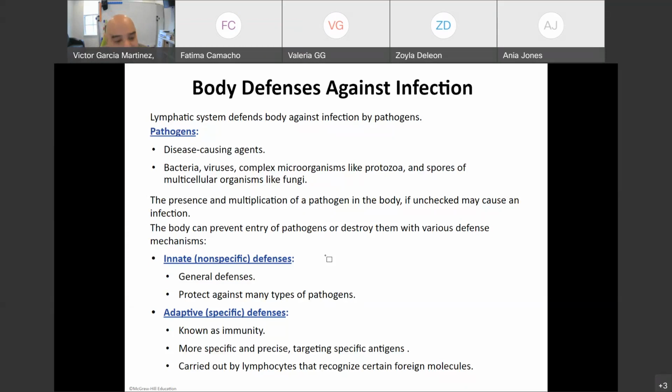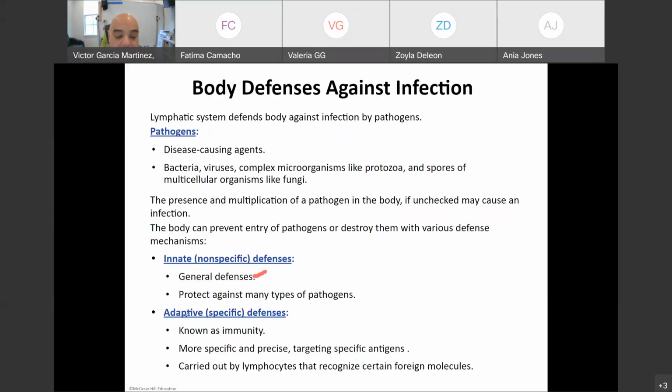Then you have a second level, and remember these 2 words: innate and adaptive immunity. This is the immunity that we have against infections. One is non-specific and the other one is really specific. The innate is going to be a general defense, non-specific, always the same mechanism to attack an infection.